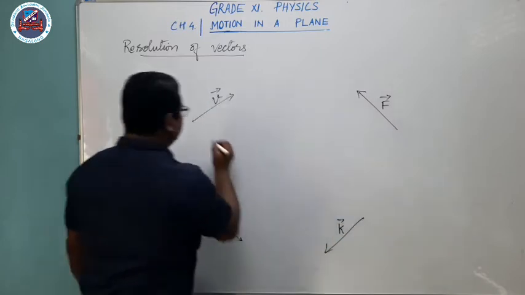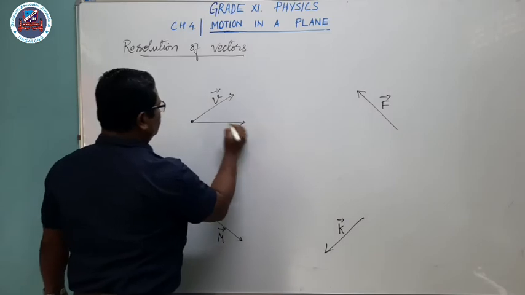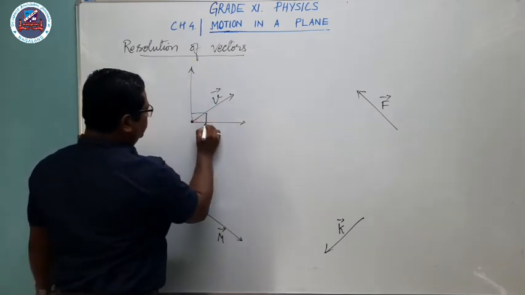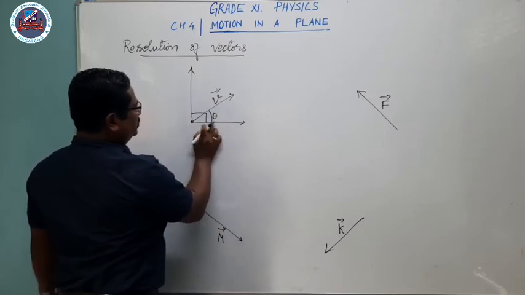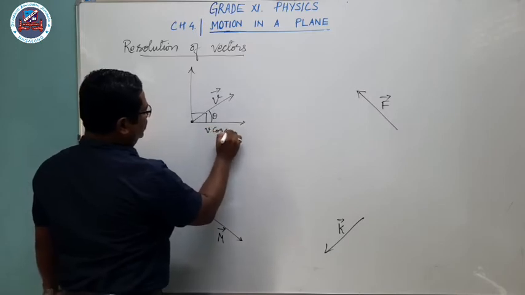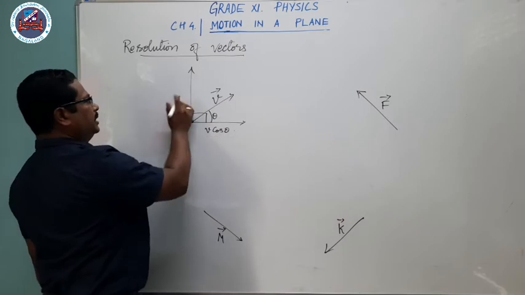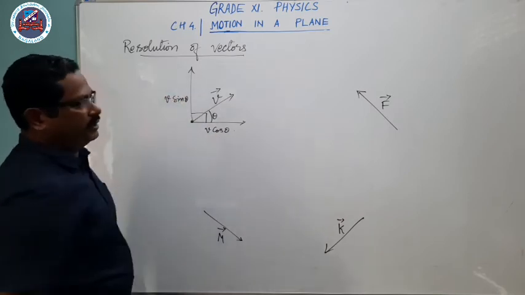Then what you have to do is select the tail of the vector and draw two coordinate axes perpendicular to each other. Mark this angle as theta. Then this will become the base. Towards the base it will be v cos theta, and the opposite side will be v sin theta. So this way you are going to resolve in general.